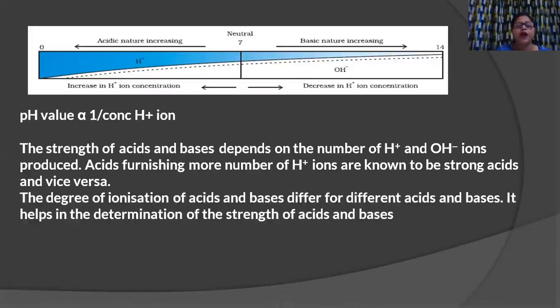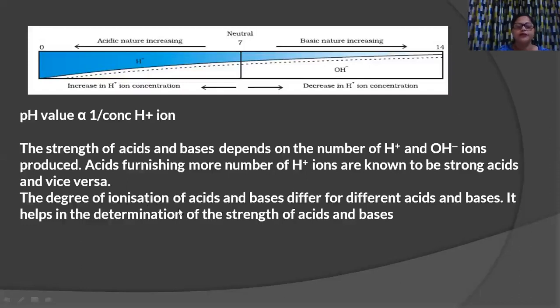The degree of ionization of acids and bases differ from different acids and bases, which means its value will be depending upon which type of acids we have taken. If it is a strong acid, their ionization will be maximum, and because of that their strength will be high.